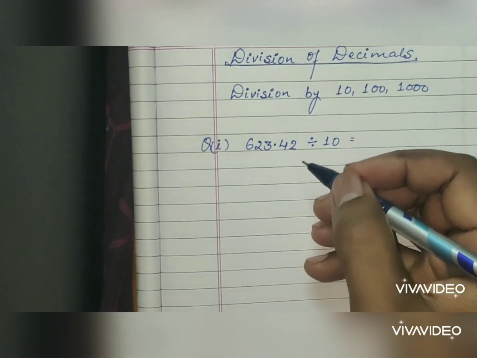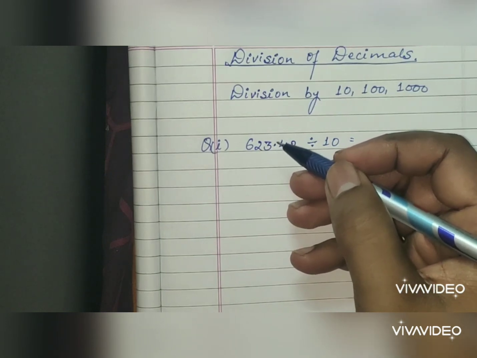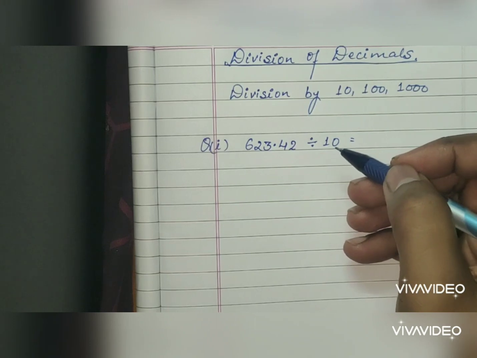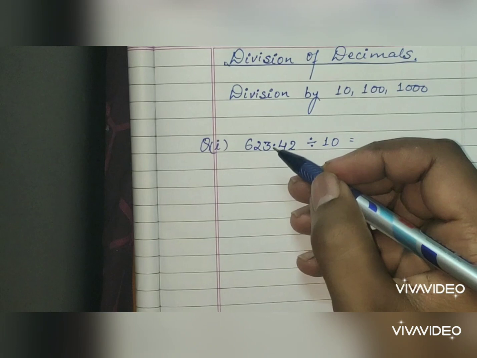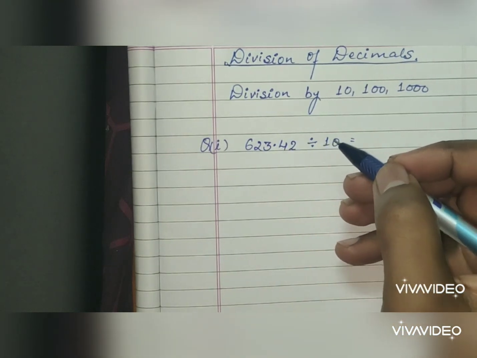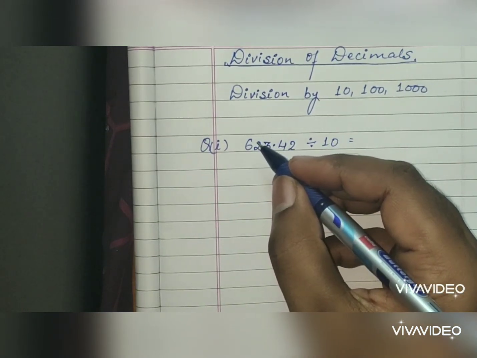In the case of multiplication, we were shifting the decimal towards the right side by seeing the zeros; there is 1 zero in 10, so it was shifted one place to the right. But in case of division, it will be shifted towards the left hand side.